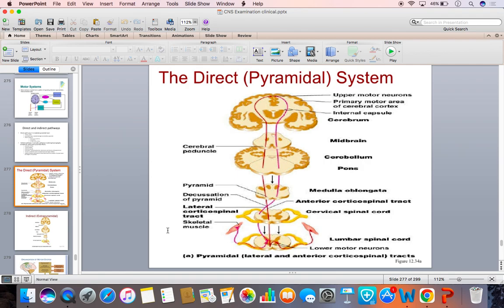What is the direct pyramidal system? This is the cerebrum, midbrain, medulla oblongata, the anterior horn cells, the anterior corticospinal tract, and lateral corticospinal tract. But there is no involvement of other tracts like the basal ganglia.